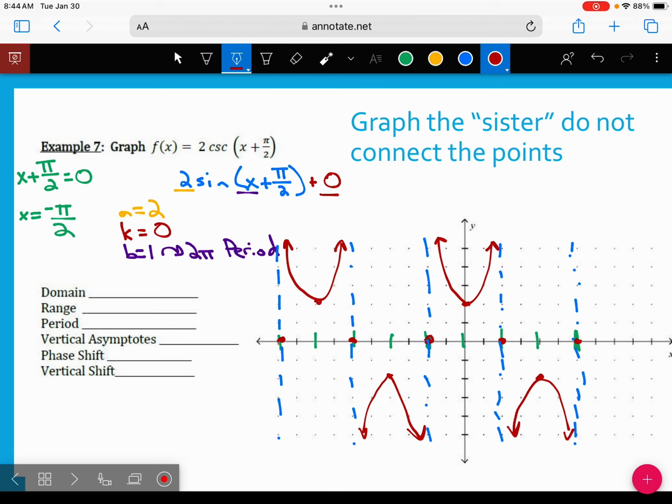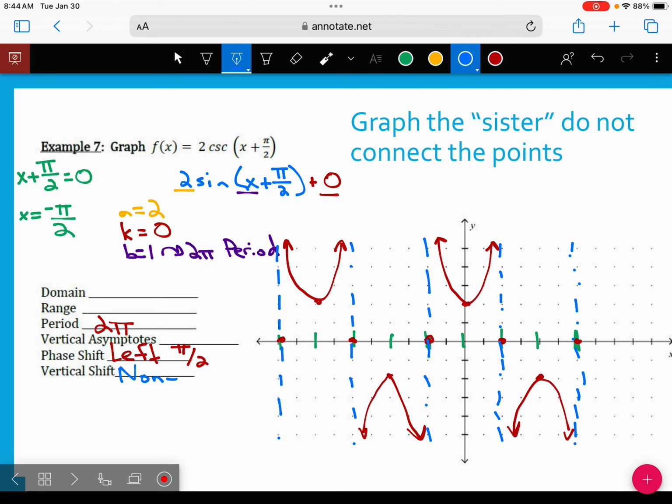From that, the first thing we can fill in is our period. Remember, we said our period was just going to be 2 pi. We also know our phase shift and our vertical shift right off the bat. Our phase shift, or horizontal shift, was left by pi over 2. And our vertical shift was just none.